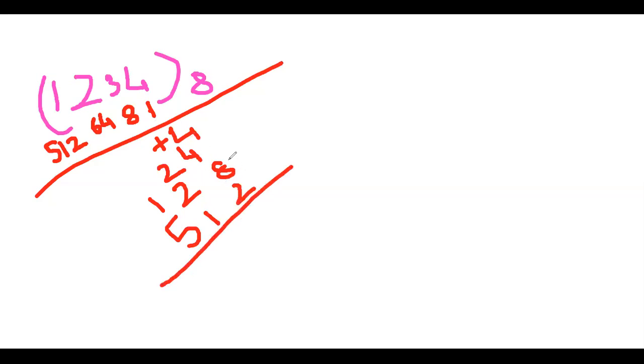So if I add this, 4, 24, 128, 512, the answer is 668. 668 in the decimal number system.